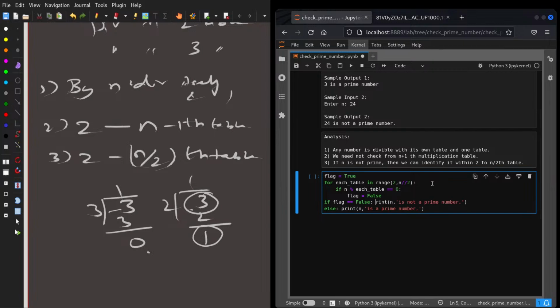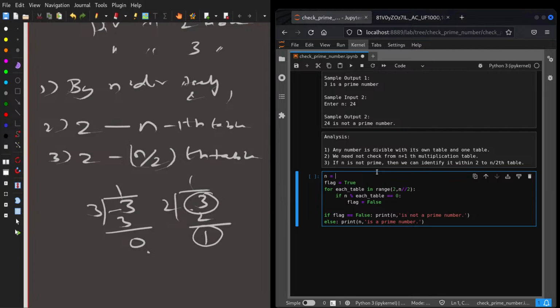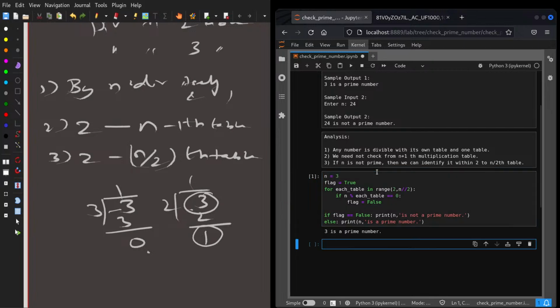If we just have one line, I'm going to show that in a single line. Understood? So now let's simply have n over here. Let's give 3. Let's see. N is a prime number. Showing n is a prime number.